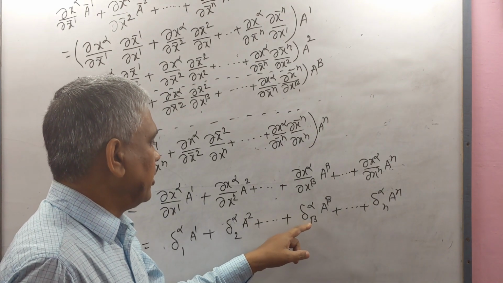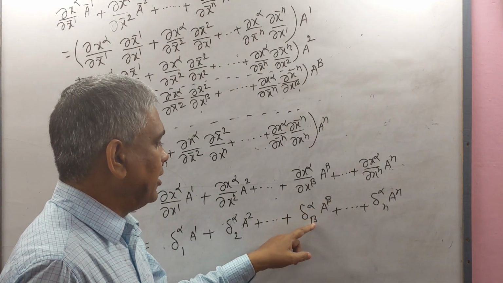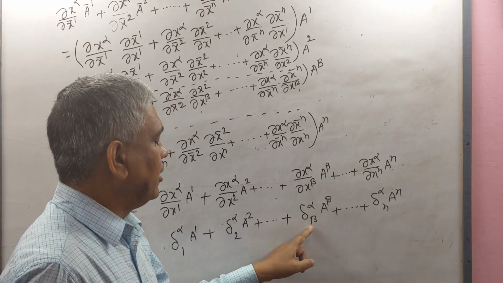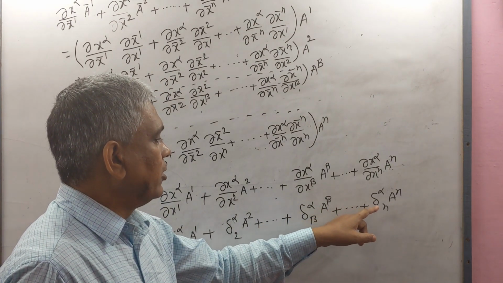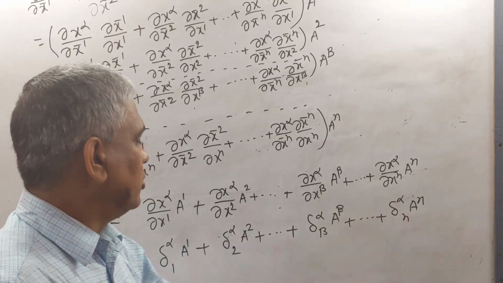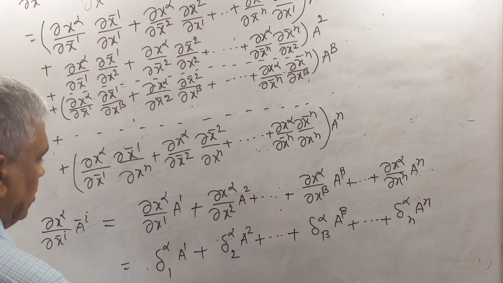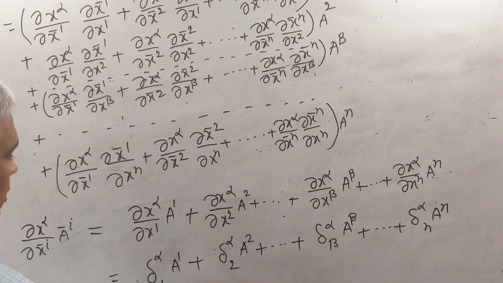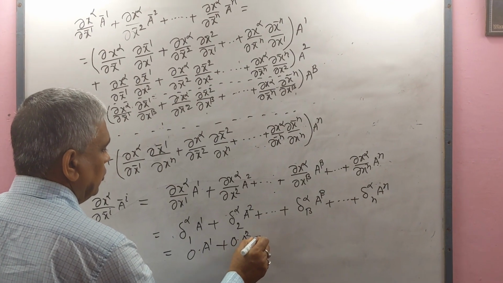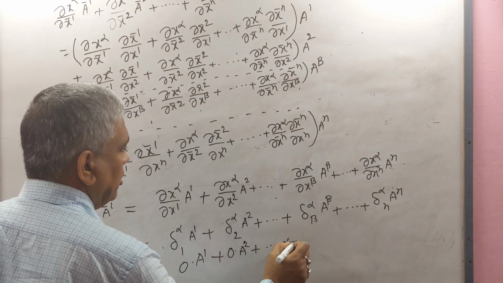Here if beta equal to alpha, then the value of this is 1, and here alpha not equal to n, this is 0. So we may write 0 into A1 plus 0 into A2 plus dot dot dot.